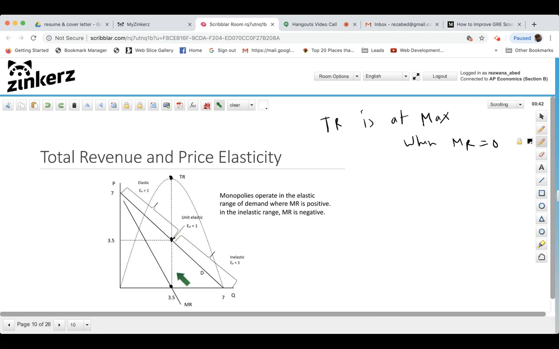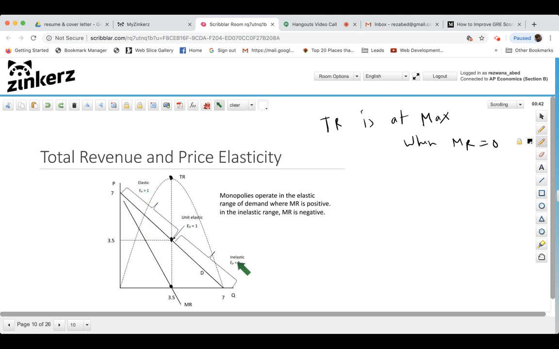Because in the inelastic range, as you see, this is where marginal revenue is zero. All of this is where marginal revenue is positive, and then from here marginal revenue starts becoming negative, which corresponds with the inelastic region of their demand graph. So all of this region all the way until the midpoint is where their demand is elastic, and they will choose a quantity in this elastic region.